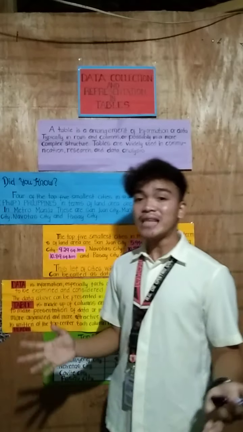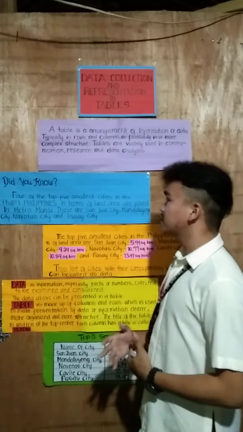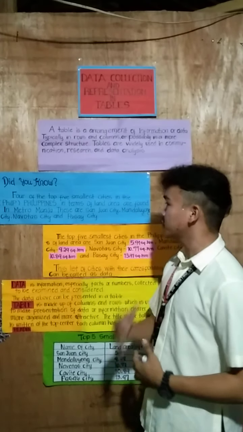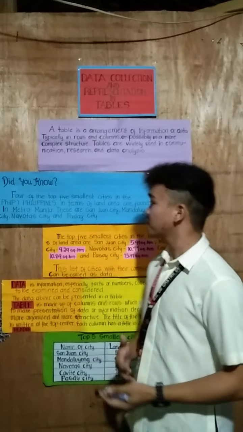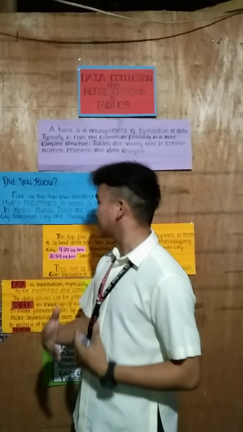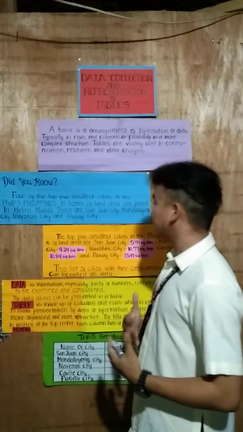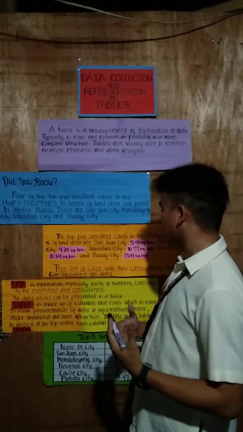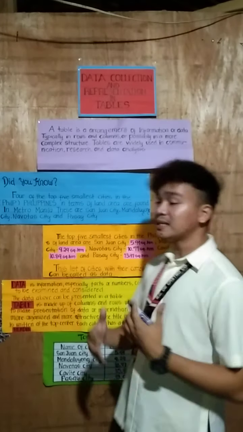Did you know that four of the top five smallest cities in the Philippines in terms of land area are found in Metro Manila? These are San Juan City, Mandaluyong City, Navotas City, and Pasay City, and also Cavite City.